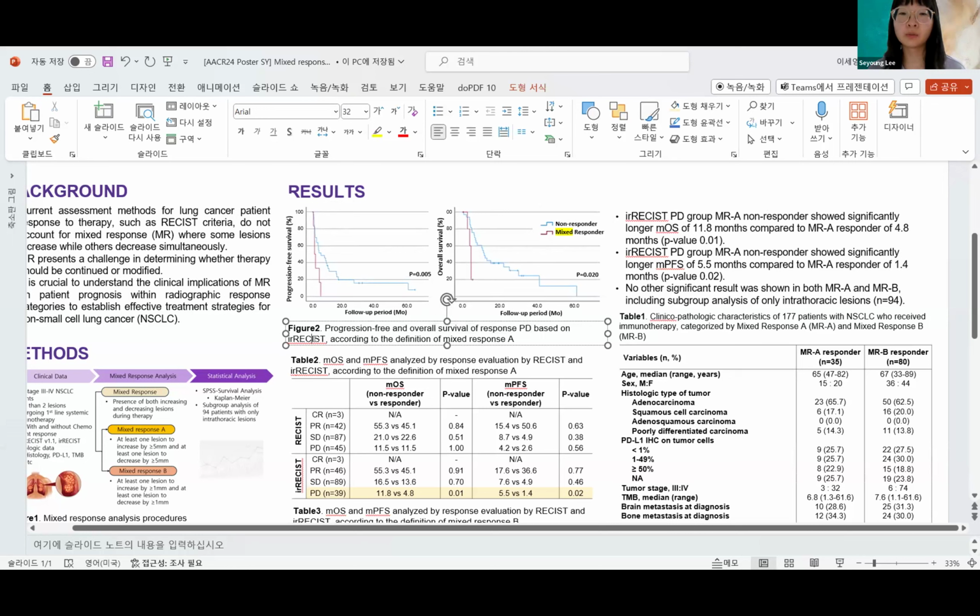And from that population, I tried to group them into mixed response responder and mixed response non-responder. So these responders are not related to stable disease or whatsoever.